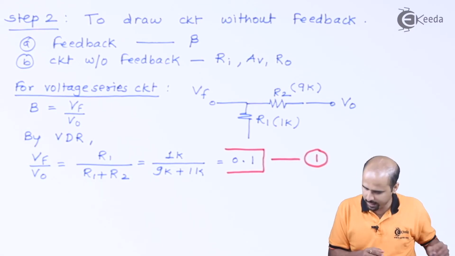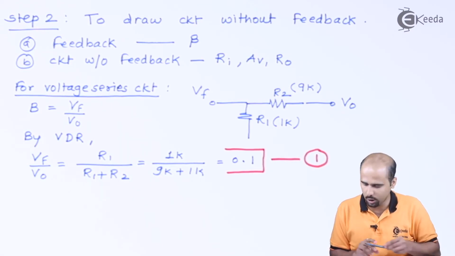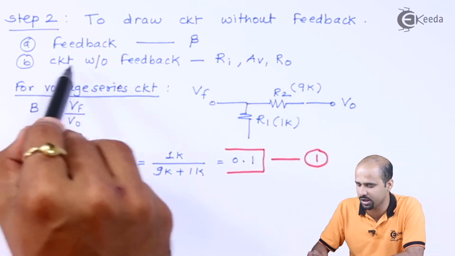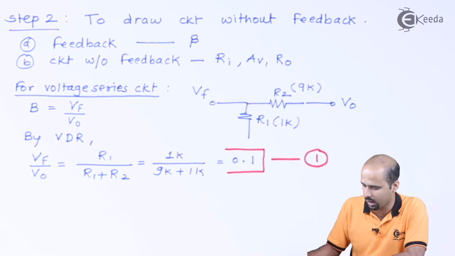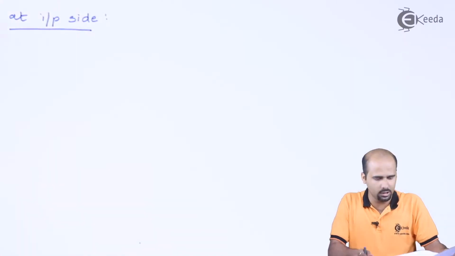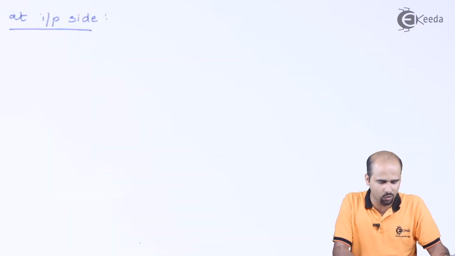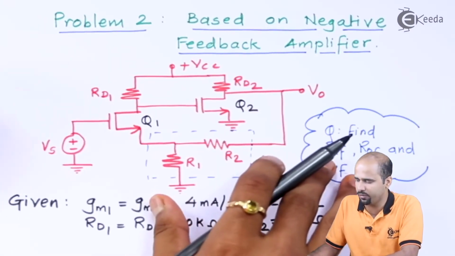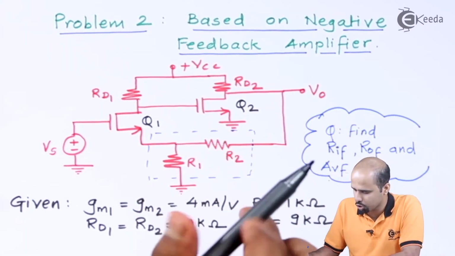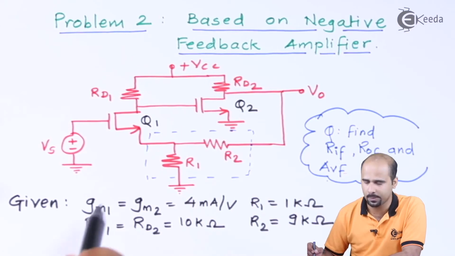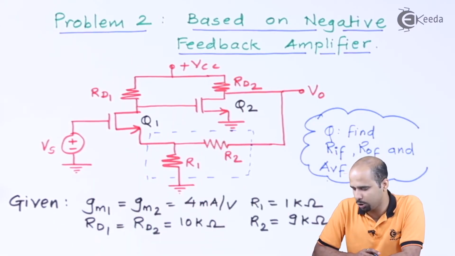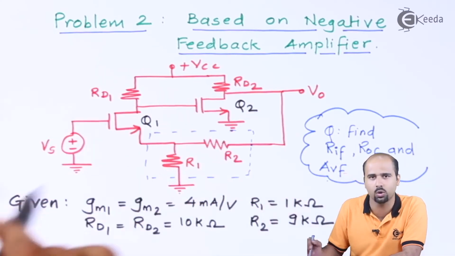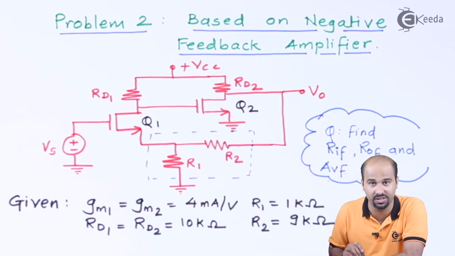So let's move ahead to the B part of this particular step, that is the circuit without feedback, to find out the values of Ri, AV and RO. Now as I said earlier, to develop the circuit without feedback we have to do some modification in the circuit, right? So if there is voltage sampling at the output side, I will do a short circuit to form the input side of the circuit without feedback.